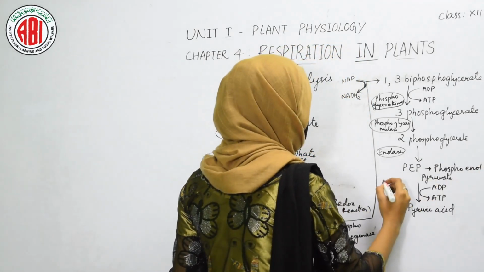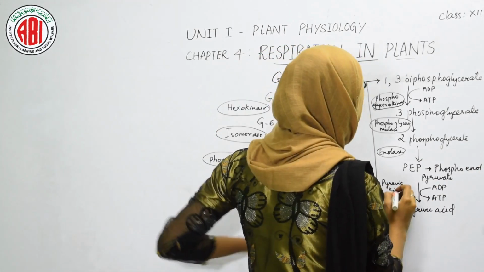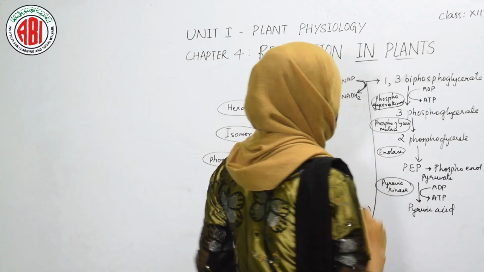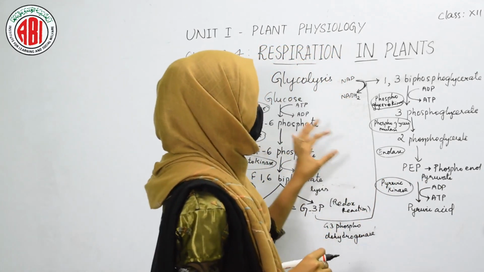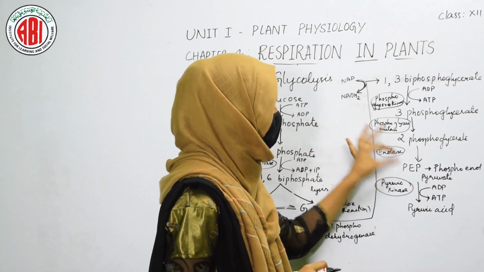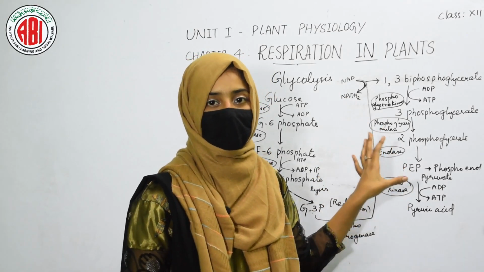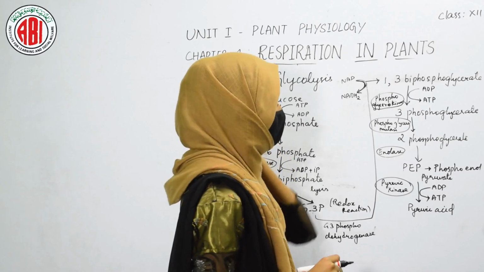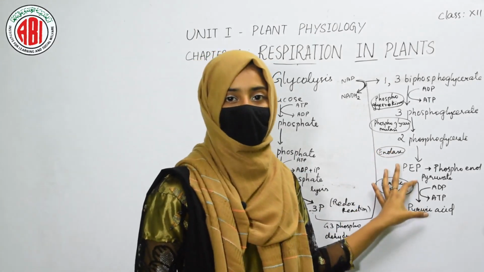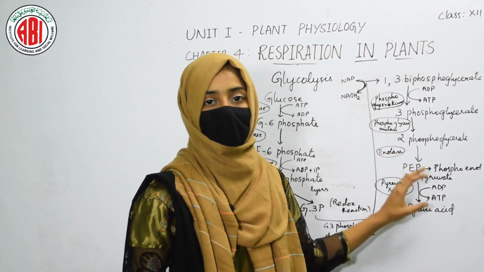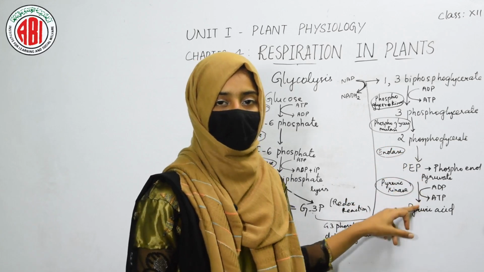This is a reaction that takes place in the presence of pyruvic kinase, which is an enzyme responsible to convert phosphoenol pyruvate into pyruvic acid. Phosphoenol pyruvate is a compound that contains a phosphate group, and that phosphate group is being used up by ADP to synthesize ATP.